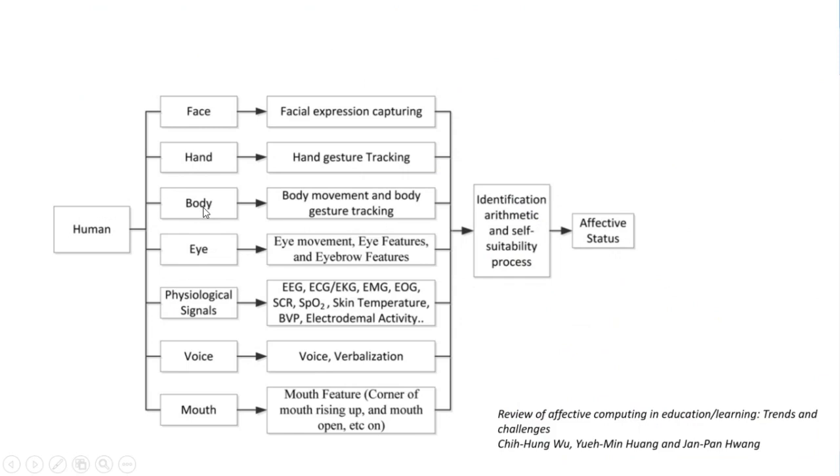Then body movement and body gesture tracking, eye movement, eye features, eyebrow features, everything. That's biometric sometimes. Physiological signals, which I already mentioned: EKG, EMG, EDA, and stuff like that. Voice also, we can detect in the voice.